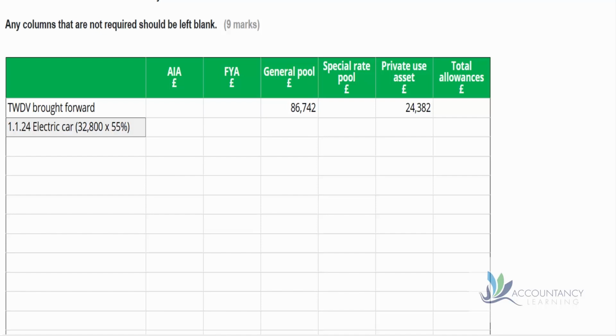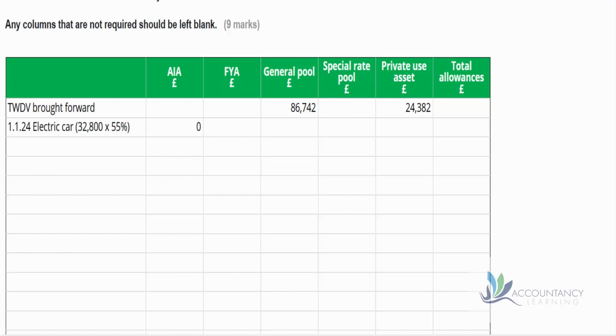So it can be used against qualifying expenditure, which includes plant and machinery, integral features of those, long life assets and private use assets, but not cars or structures or buildings. So we have an electric car here, which means that it may not be used in the first column.